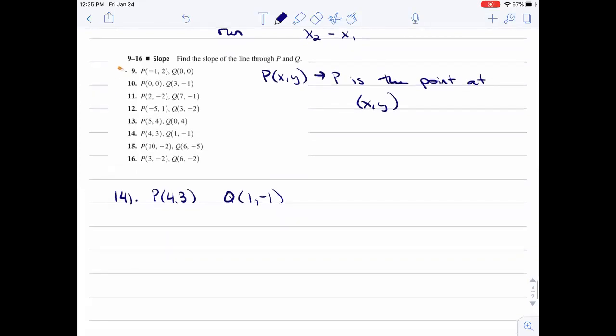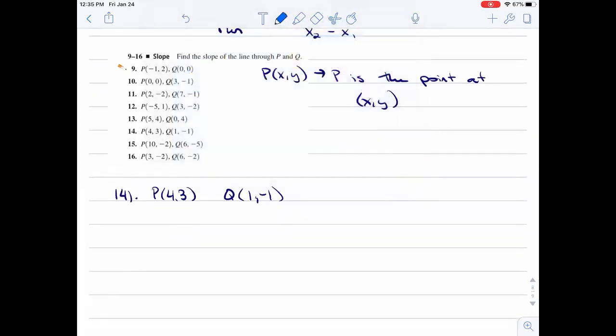So here, think of this as P is x1, y1, and Q is x2, y2. Because I just find it's too much work to have to think about which one would be on the other end, and we don't actually need to, because we're going to get negatives and then they're going to cancel anyways.